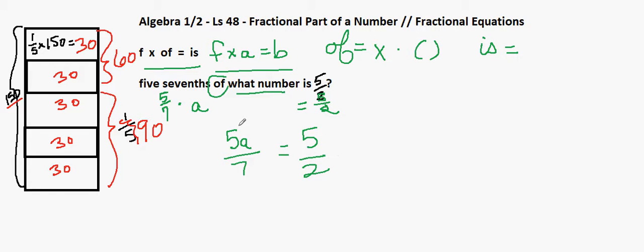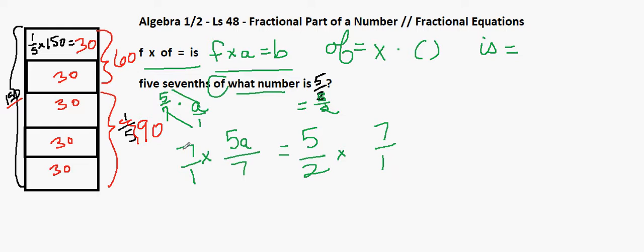5a over 7 equals 5 over 2. You see how I just turned this into this? Because this is really a over 1, so I multiply tops and bottoms. 5a over 7 is 5 over 2. Now we want to try to get a by itself. So multiply both sides by 7 over 1, the way we've been learning. That's why we've been drilling it.